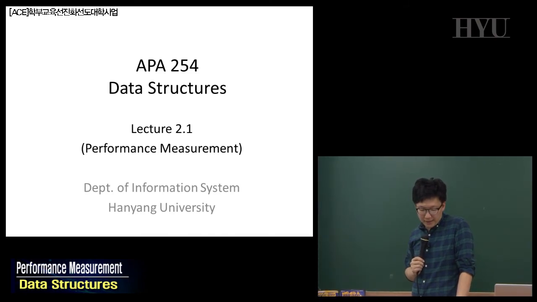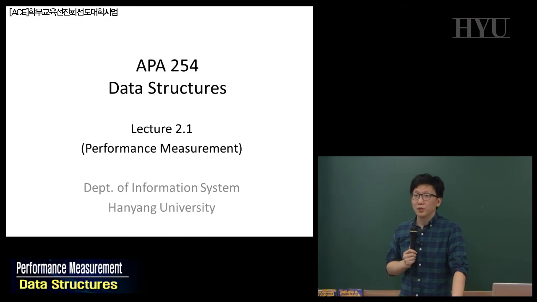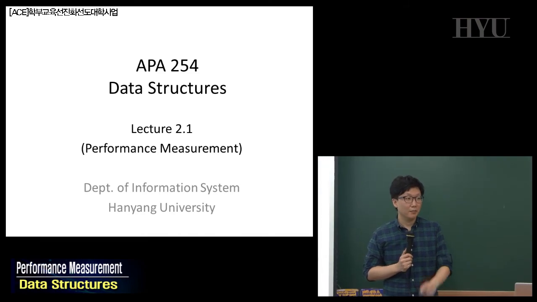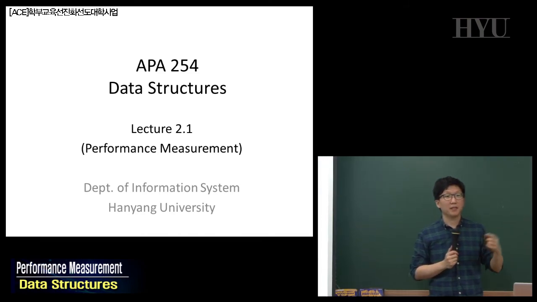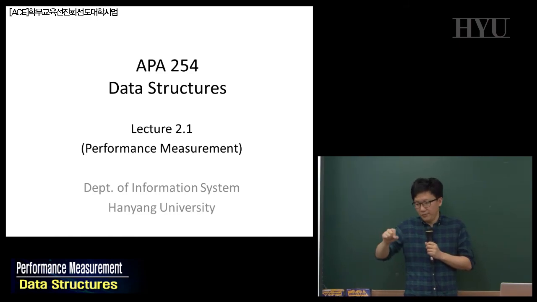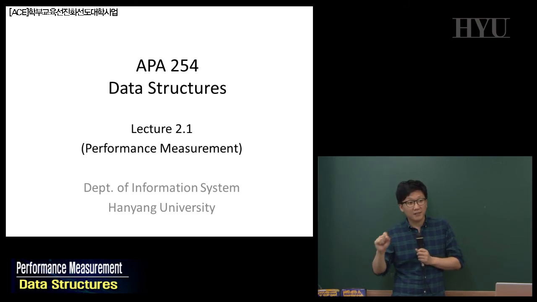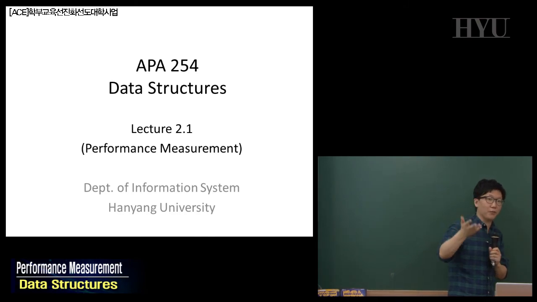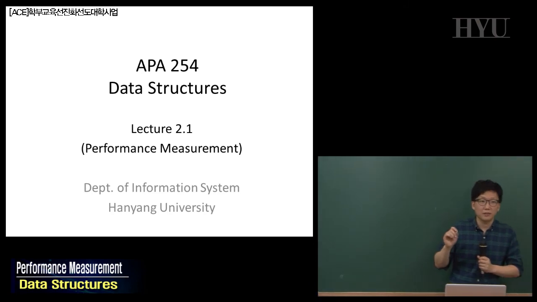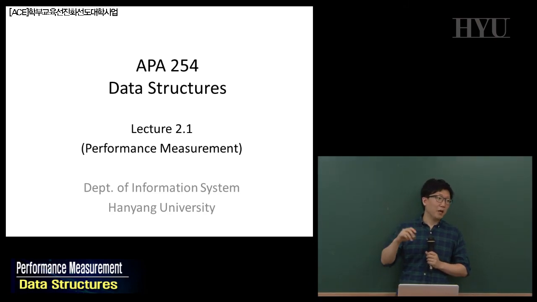Analytical performance analysis, experimental performance measurement. I can say analytical is something to do with your pen and pencil, the ones that we just saw, asymptotic complexity. You don't need to run a program actually. Just take a look at the code, find out the frequencies, and add them up. With those numbers, you can start calculating the asymptotic complexity and the boundary values.